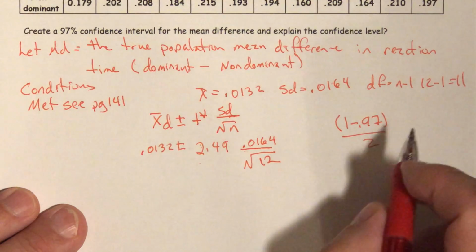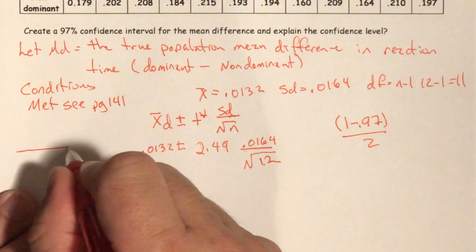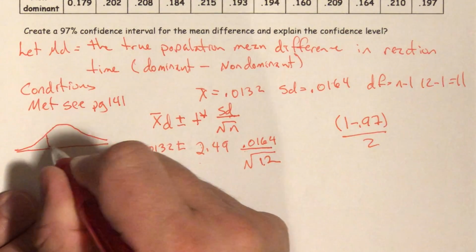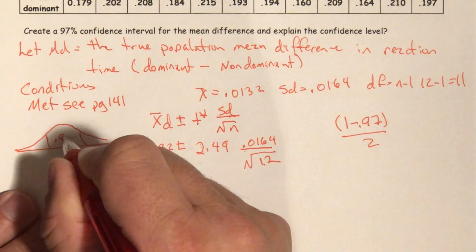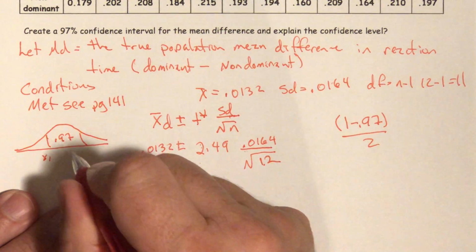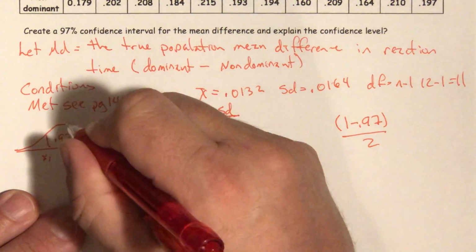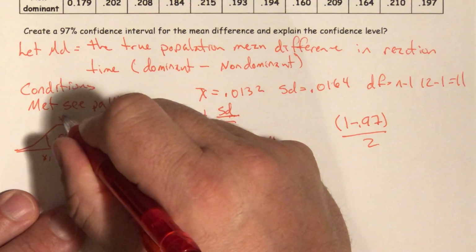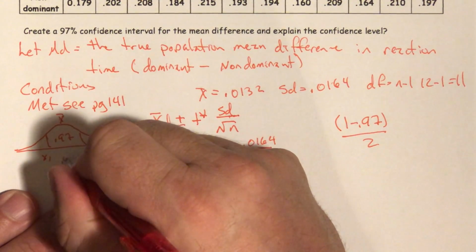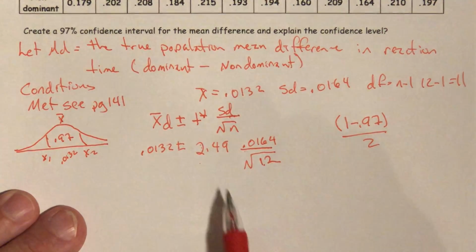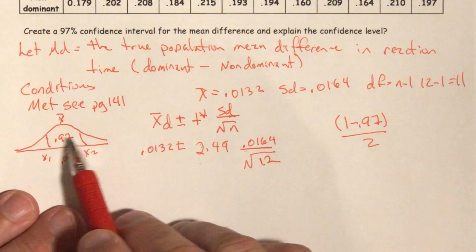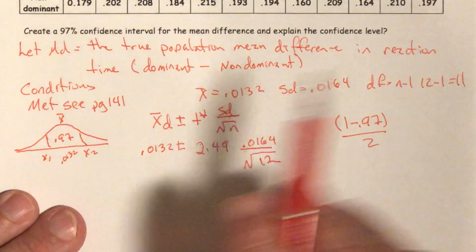If I were drawing a picture for understanding purposes, this is 97%, and I'm looking for this value and this value, centered on x bar, which was 0.0132. We're 97% confident that the mean lies somewhere in between.